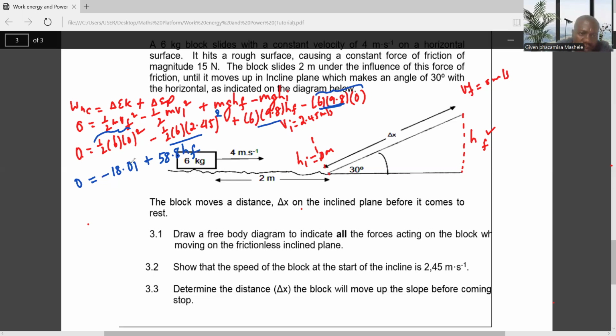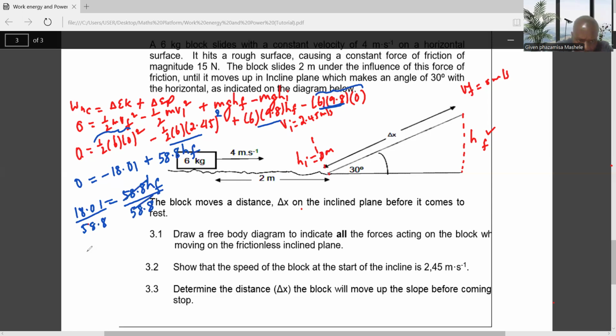So if we transpose negative 18.01 to the left-hand side, this will be 18.01. It will be 58.8 HF. Now we divide both sides by 58.8.